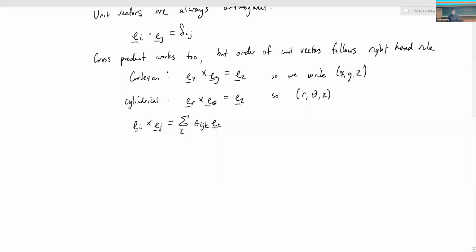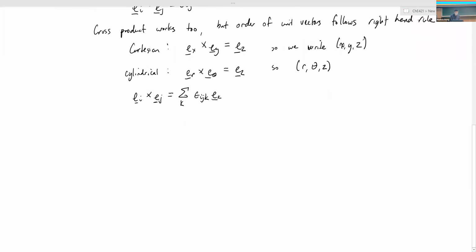Now, because the unit vectors here are not constant with respect to position, you have to be really careful when you take derivatives and integrals. That'll come up especially later in the class when we're talking about flow around a sphere, where you have to integrate or take derivatives of velocities and evaluate shear stresses. This becomes quite important.